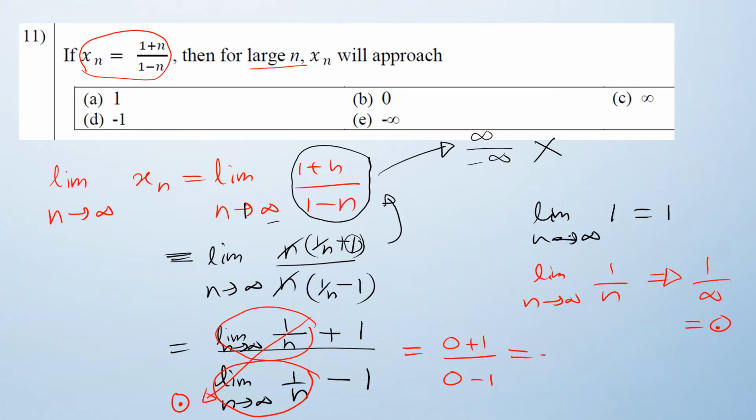When you simplify this, we have minus 1. Minus 1 is there in D. So the answer is D only. Since it is a constant, definitely out of these 5 you will have a unique answer.